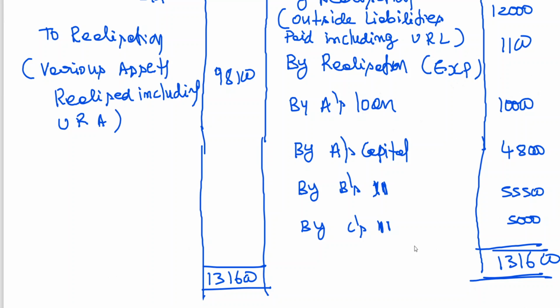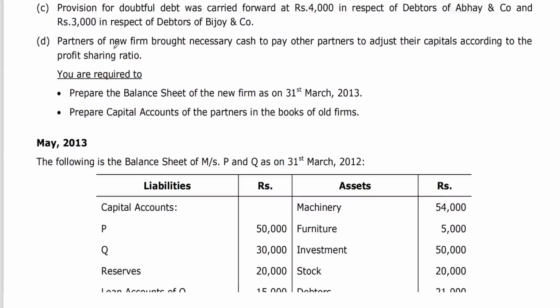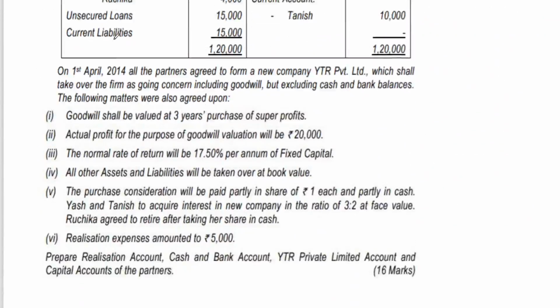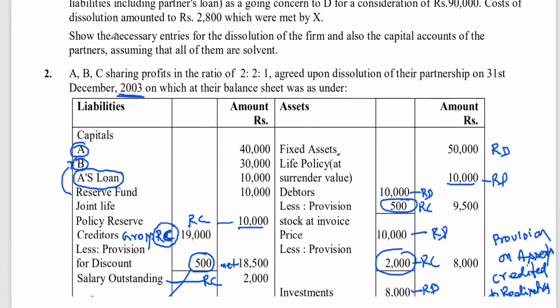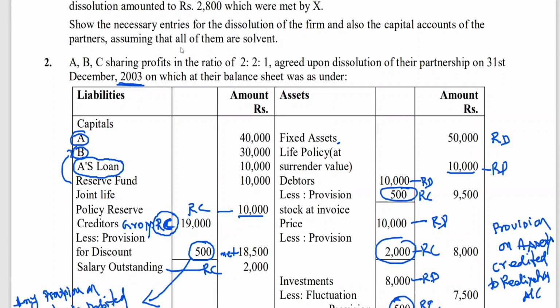You can also write the heading for this particular problem which we have worked out. All partners are solvent.